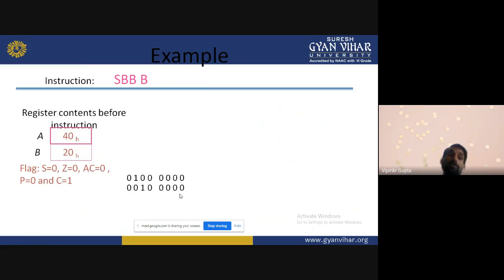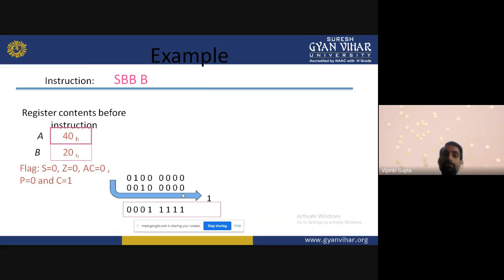We can see the previous flag values: sign flag value is 0, zero flag value is 0, auxiliary carry value is also 0, and parity flag value is also 0. And the carry flag, that is the borrow flag, is 1. So that is also subtracted.